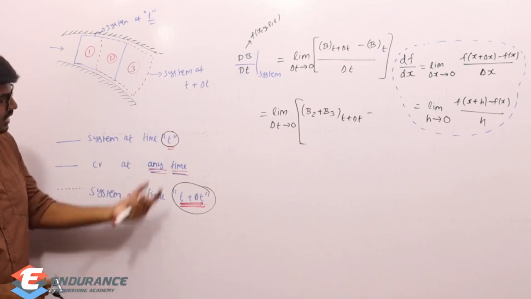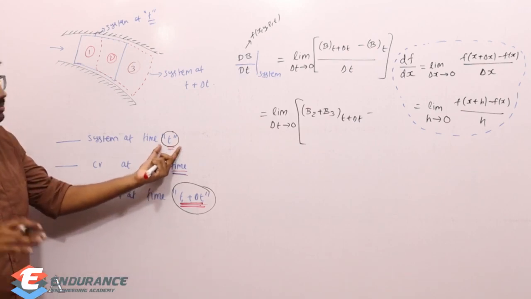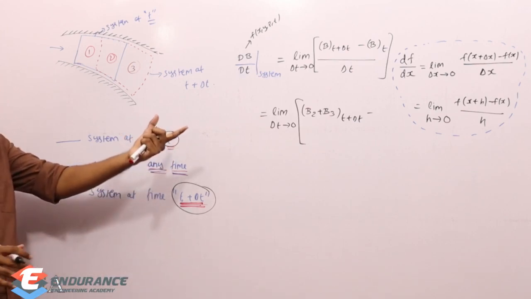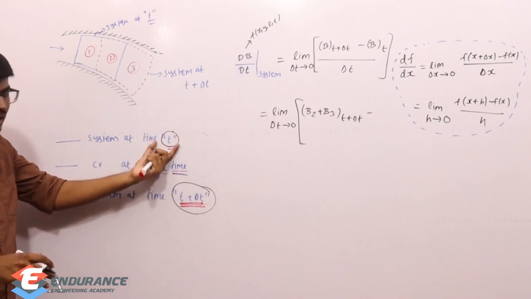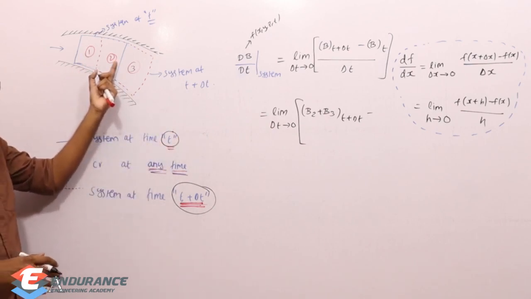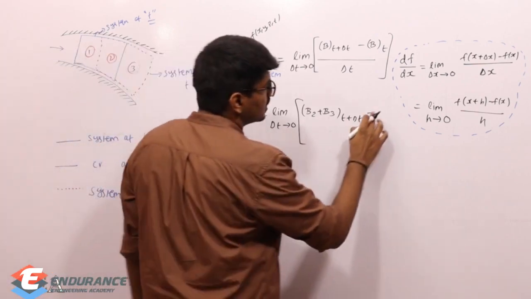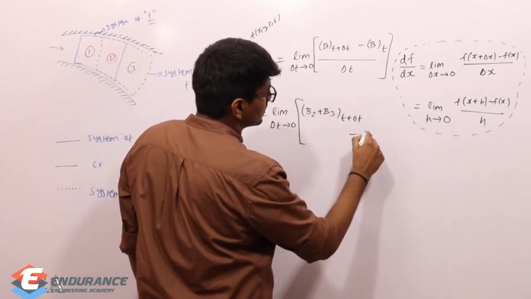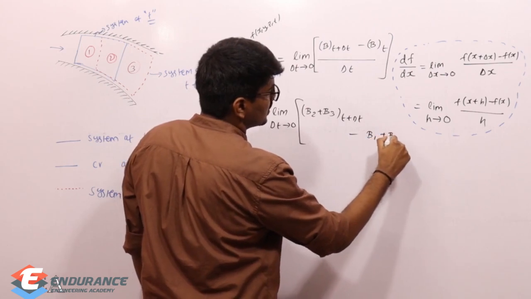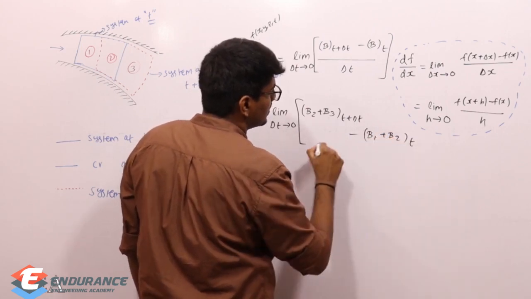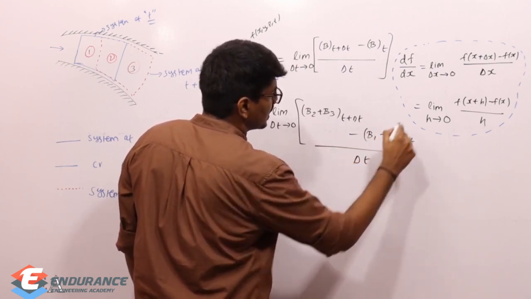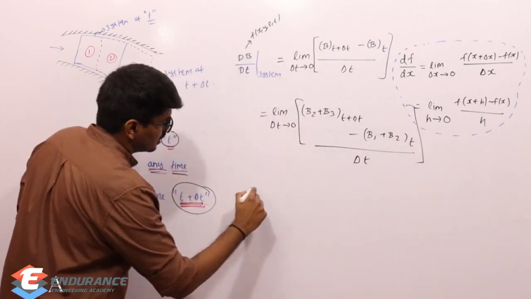I am doing it for my system only. So my system at time t was at 1 and 2. Very good. Let me use the space here. So b1 plus b2 at time t, the whole divided by delta t.